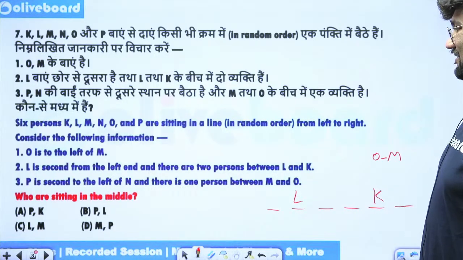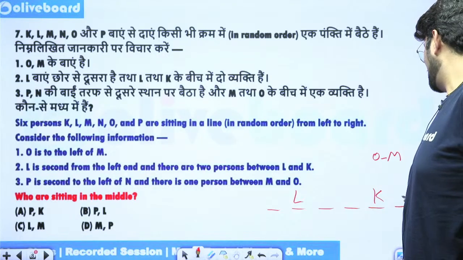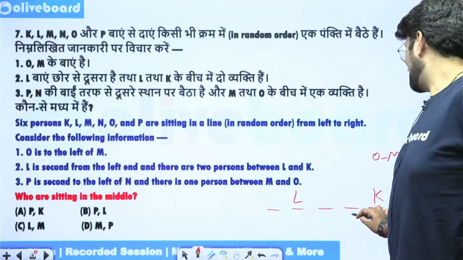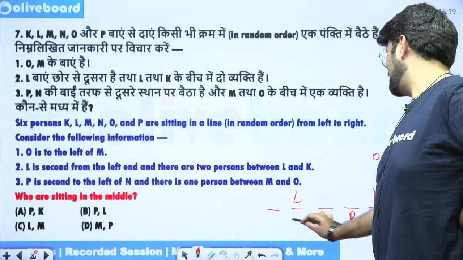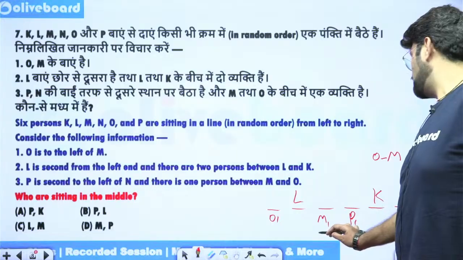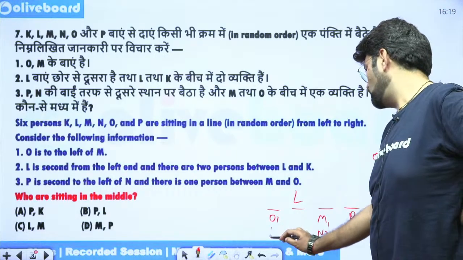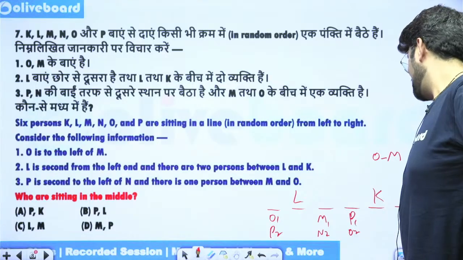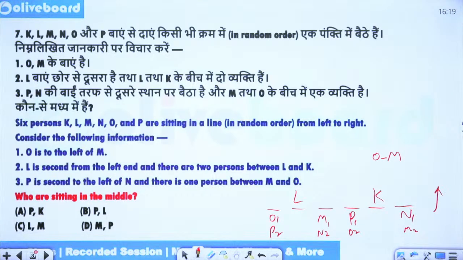Who are sitting? You can have 2 options here. Here, here, here, O. The other option is we can have N here. Correct? Now there are 6 people in all.